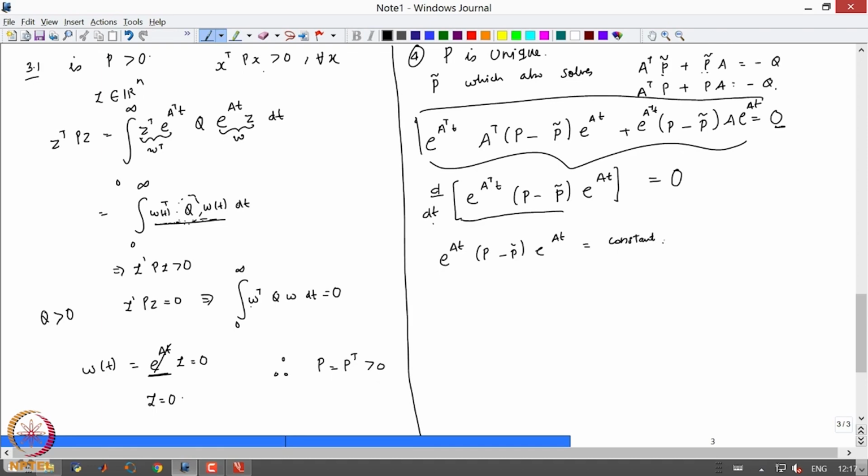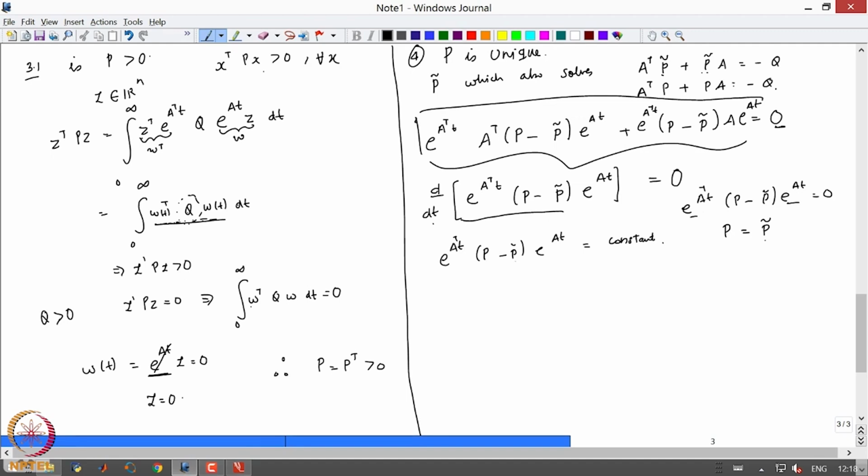Now, if I show that this constant is 0, then things will be easier, because then P will turn out to be P tilde, that is, the other guy who comes and claims to be the solution is actually the solution itself. That is because e power A t is always invertible.